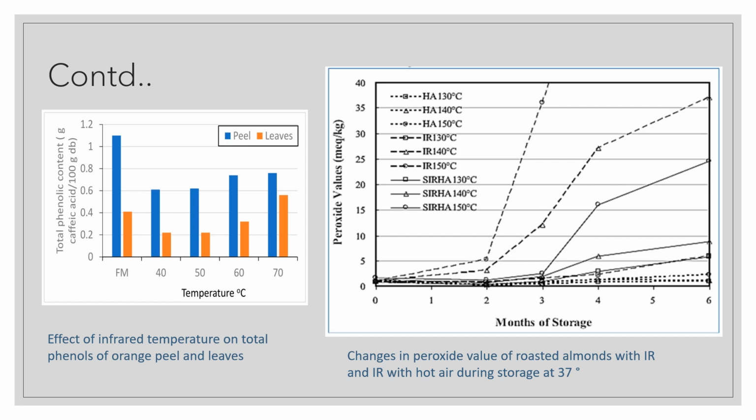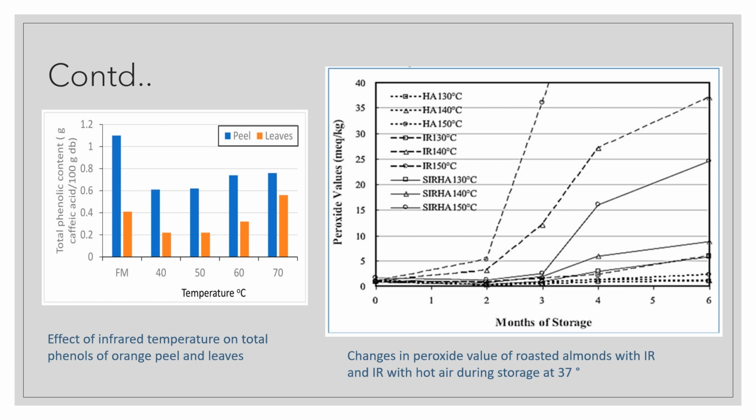Now coming on to another research, in which the changes in peroxide value of roasted almonds with infrared and infrared with hot air during storage at 37 degrees Celsius were studied. After 3 months, it was seen that at 130 degrees Celsius the peroxide value was 1.59.